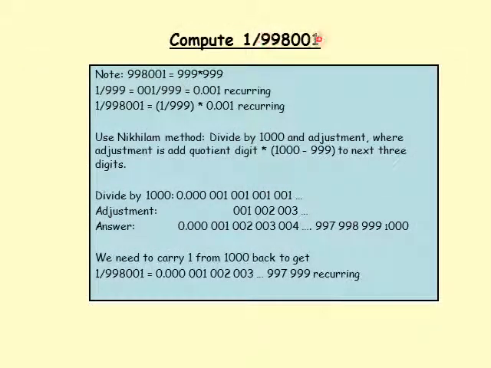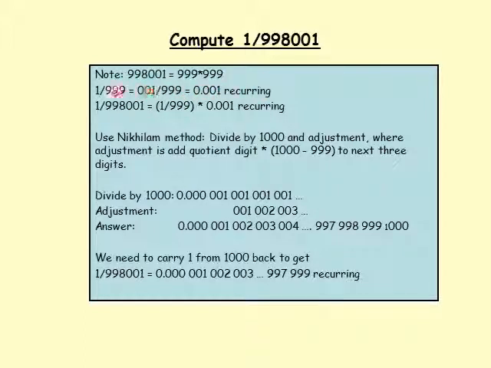I will show you how you can extend the same division we just used to compute 1 over 998,001. First note that 998,001 is 999 times 999. That's our near-base multiplication. 1 over 999 is 0.001 recurring.